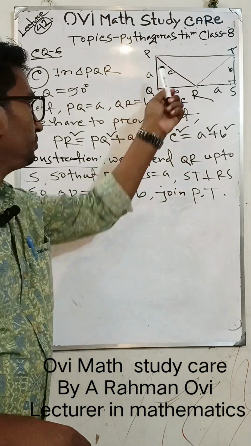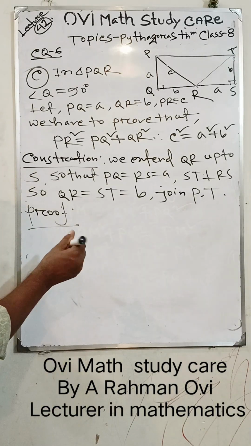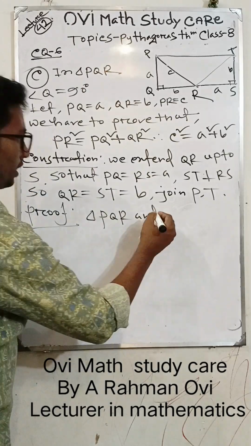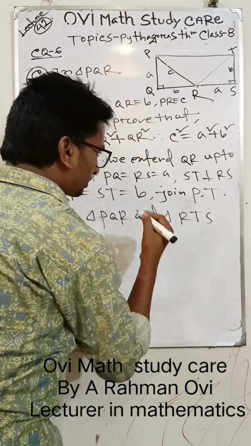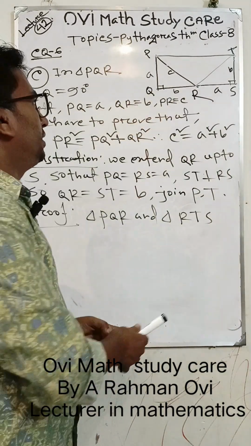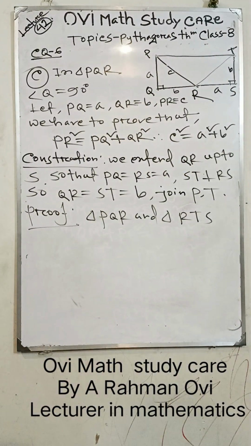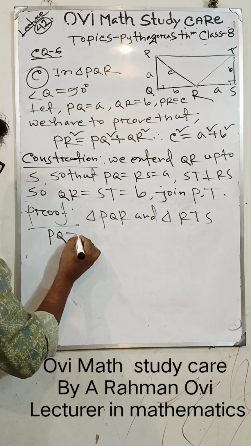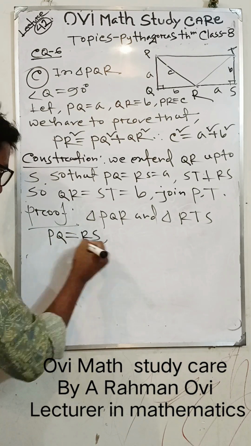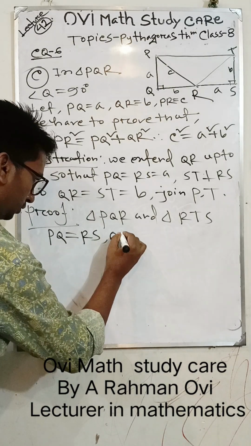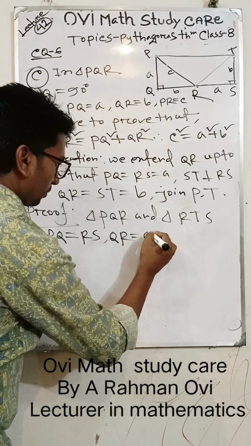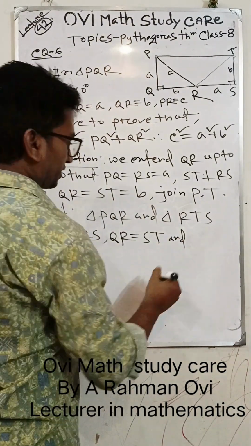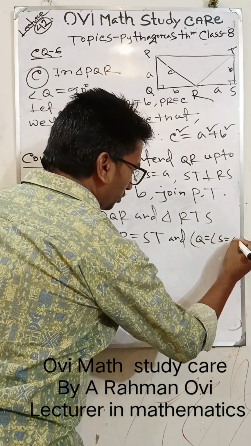The students, in between the two right angle triangles PQR and RTS, PQ equal to RS, QR equal to ST, and angle Q equal to angle S equal to 90 degree.